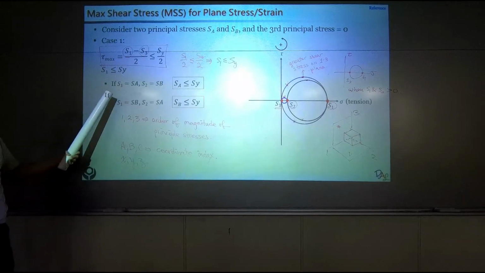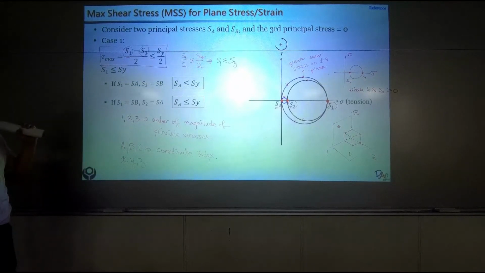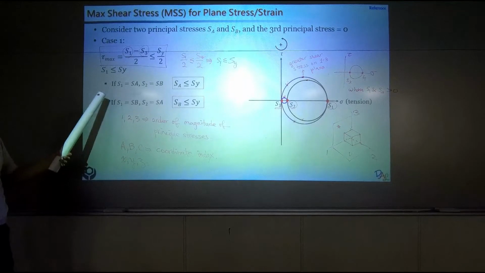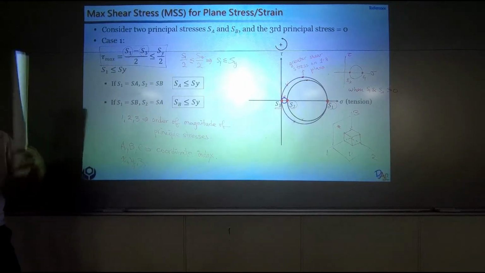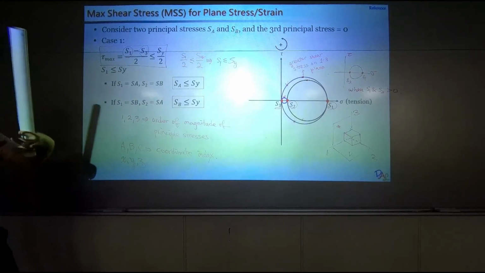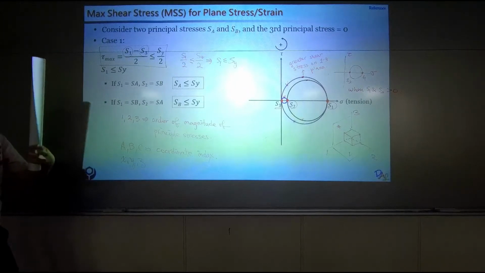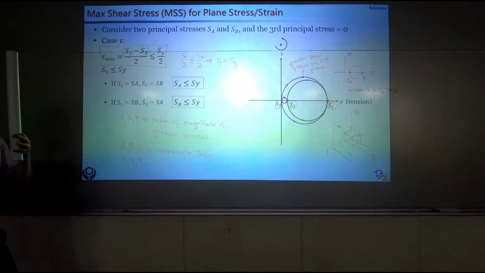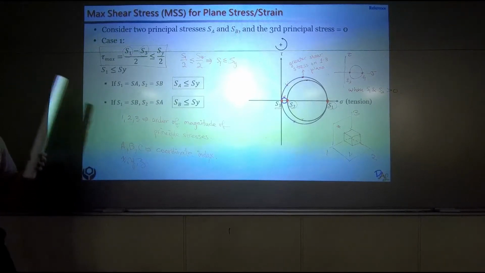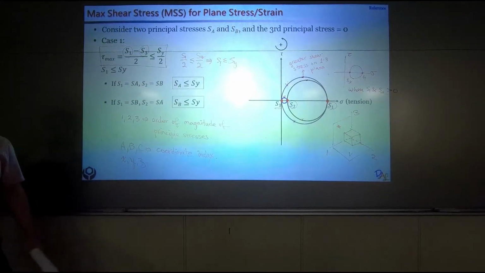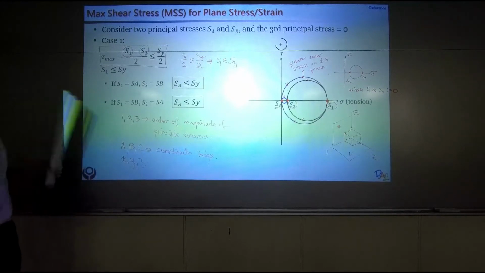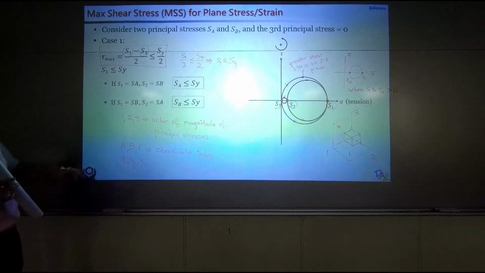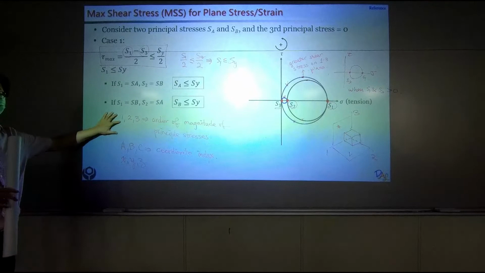Sometimes S1 is parallel to, if we rotate the observation coordinate ABC or XYZ to a particular direction where you have principal stress. Okay, so sometimes, in general, your A may not be 1.